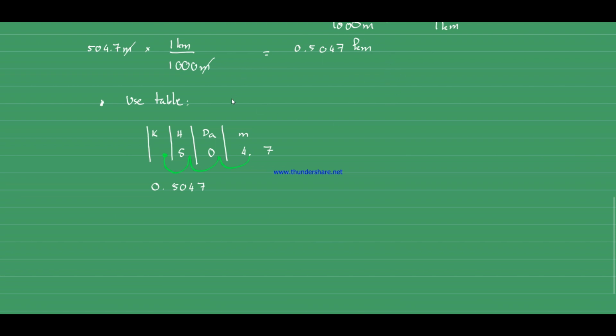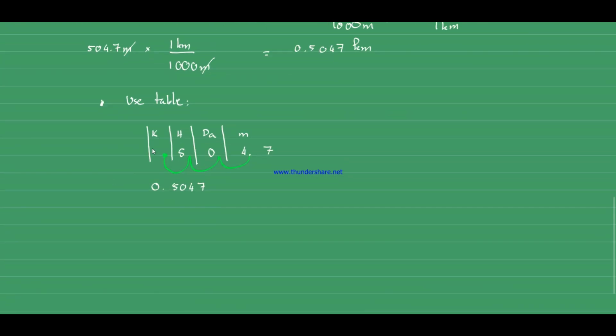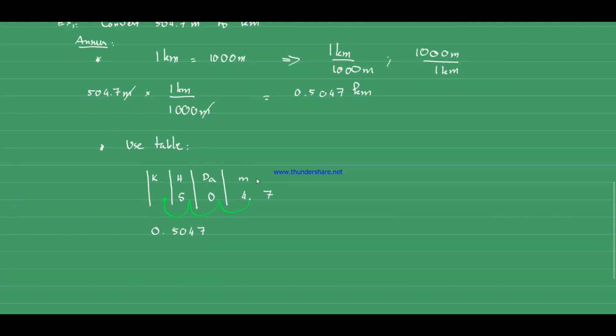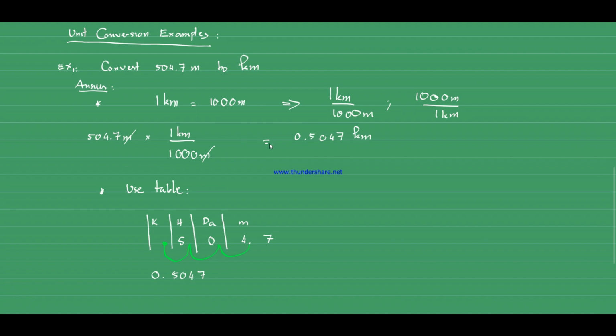I have to say that some students love using the table. When I was young, I used the table. I remember that my teacher taught me how to use the table. I think it was fourth grade or fifth grade, around that. But in America, we use the conversion factor, and conversion factor is really helpful also.